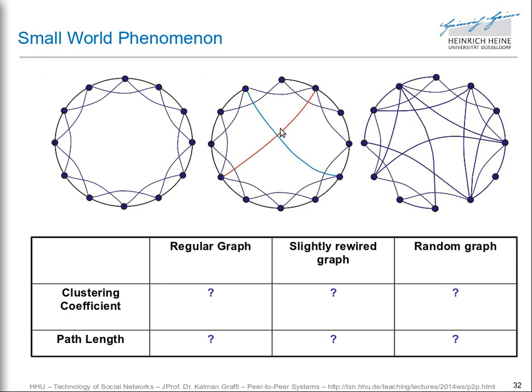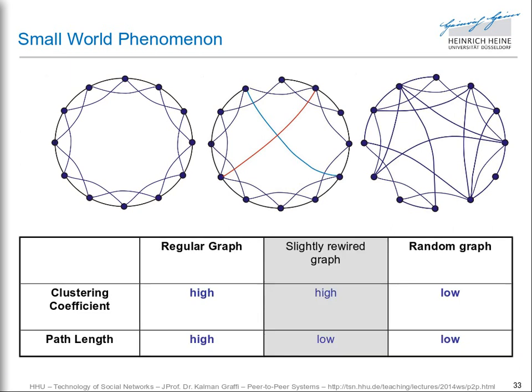Again, we have here the clustering coefficient and the path length for these 3 different graphs. So through rewiring, we get from a high clustering coefficient to a low clustering coefficient, and from a high path length to a low path length, if the rewiring probability is high enough.